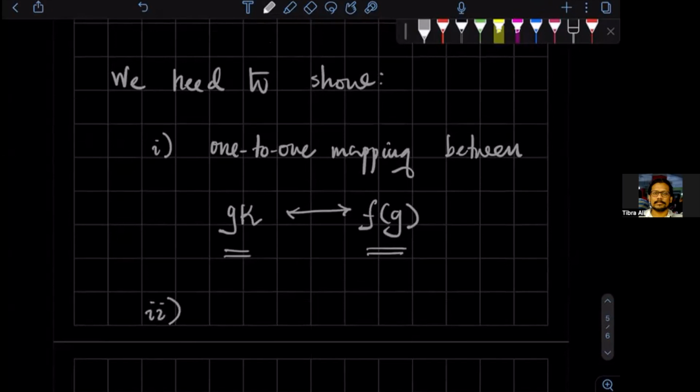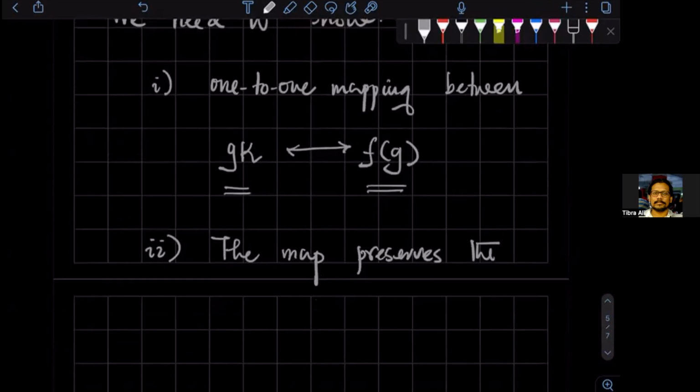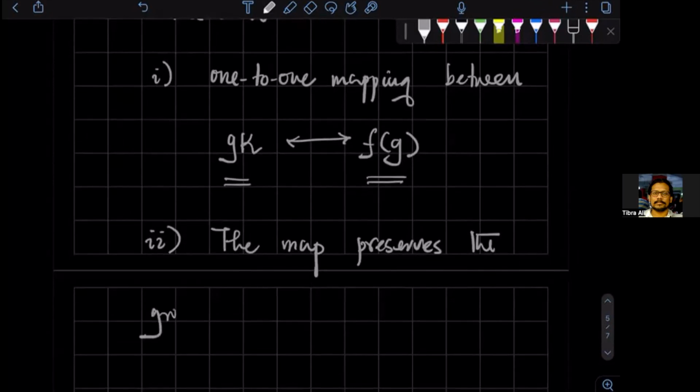The other thing we have to prove is that the map preserves the group structure. Now, what group are we talking about?